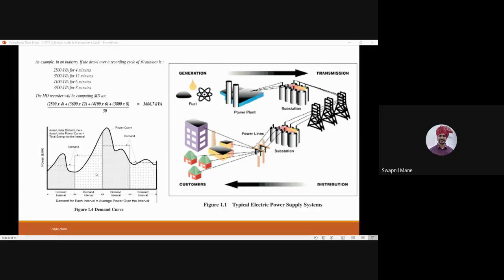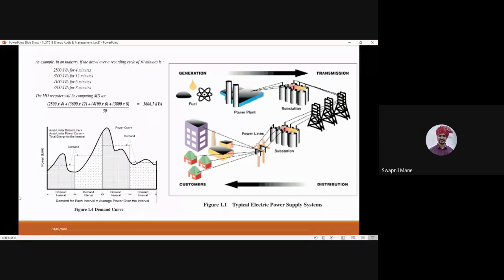A typical load curve will have a crest and a peak and again a trough. For your household, in the morning there will be a peak, in the afternoon there will be a drop, in the evening also there will be a peak, and at night time it will be low. It will not be zero. If I draw a line from this point to this point, there is a continuous requirement of this much power.